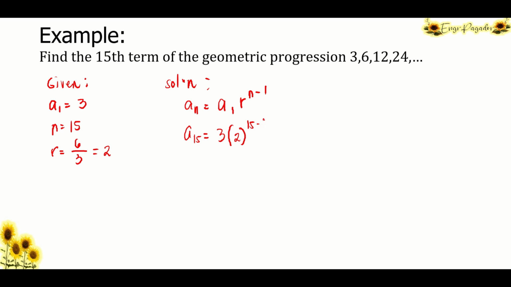So, 15 minus 1. Therefore, if you compute that on your calculator, that will be equal to 49,152. So this is the 15th term of the given geometric progression.